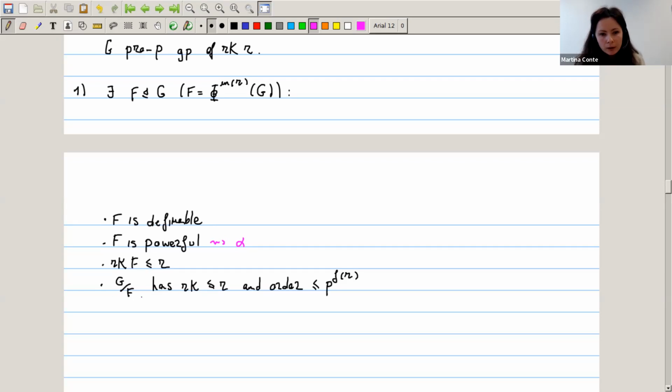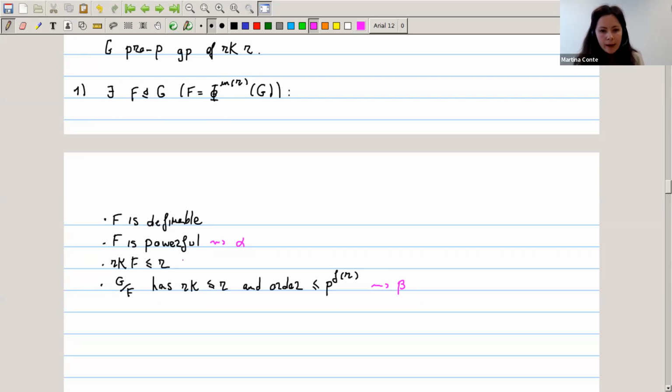We can talk about this finite quotient G over F because here it's just enough to say that this quotient must satisfy the multiplication table of a finite group that has this bounded order and this bounded rank. So we can find a sentence beta that expresses this property.